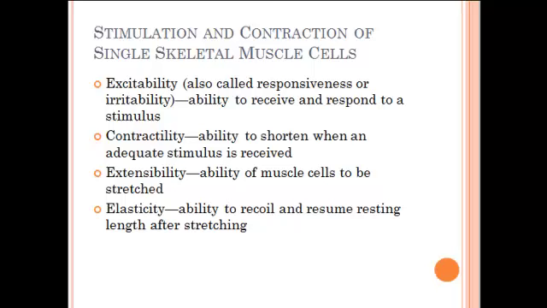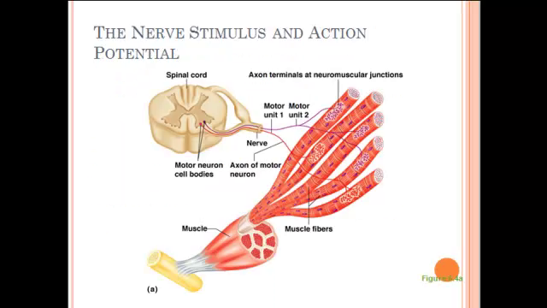I want to look briefly at how the nervous system comes in contact with the muscular system. We'll look at this in more detail in the next lecture when we talk about the nervous system, but I want to give you a little overview here. In this slide, to get our bearings, here's our bone, and our tendon attached to that bone, and then we have our muscle.